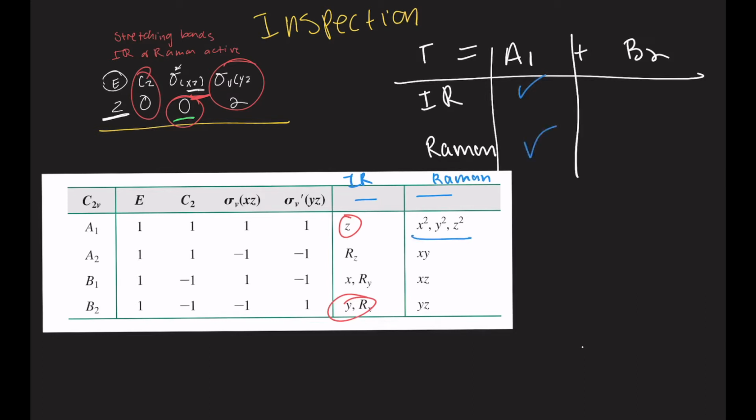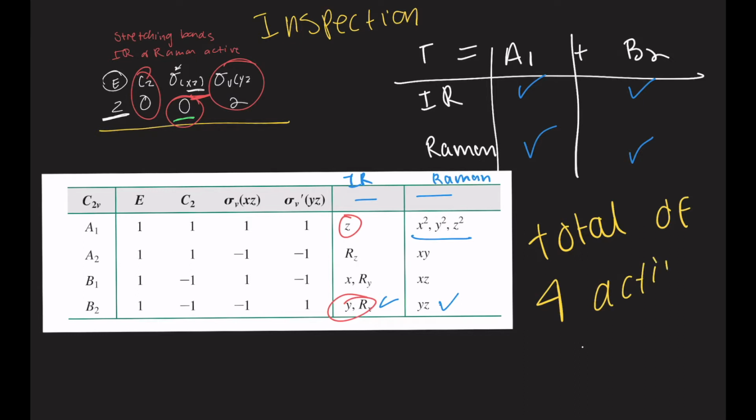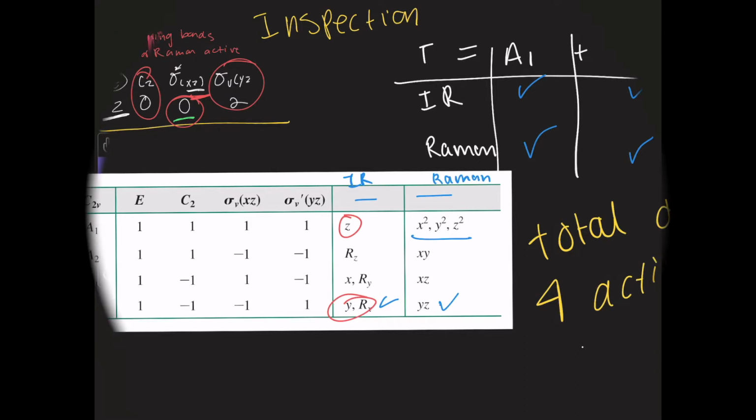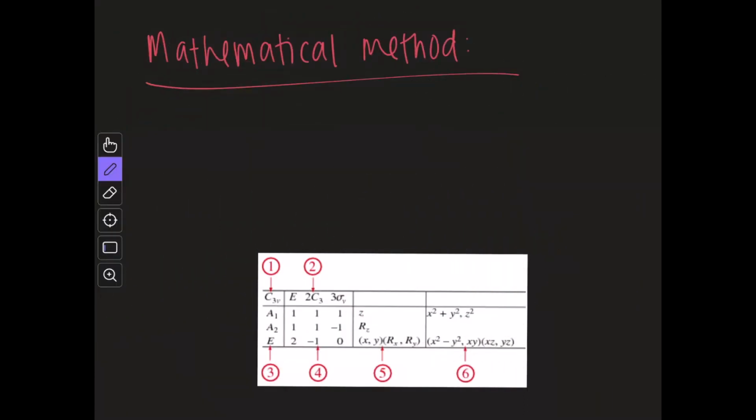And then for our B2, we have one and we have one. So that will give us a total of 4 active.